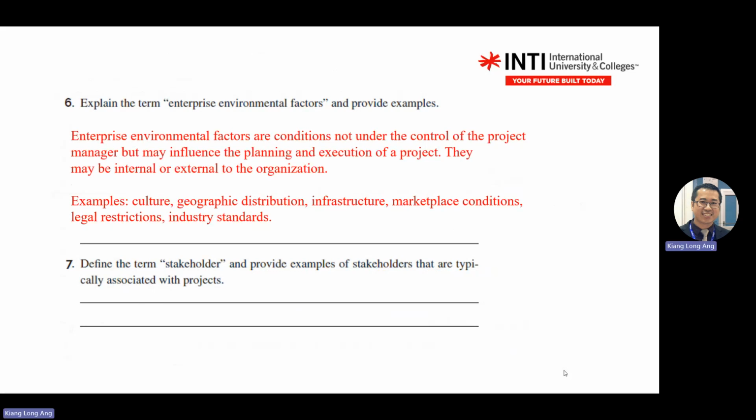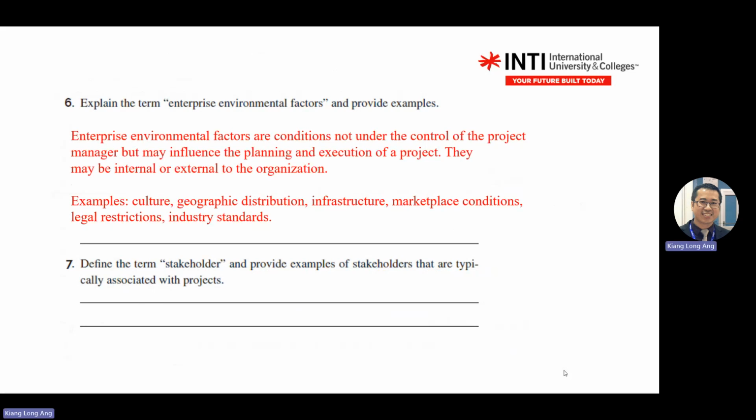It is not under the project manager, outside the control of the project manager. So these are the things that you can elaborate if the question asks you about environment factors. What can affect the decision of the project manager? Then you use these few keywords: culture, location, infrastructure, marketplace, legal restriction, and industry standard.